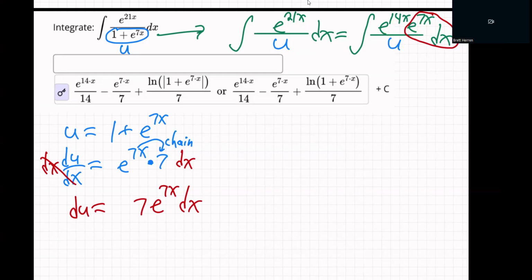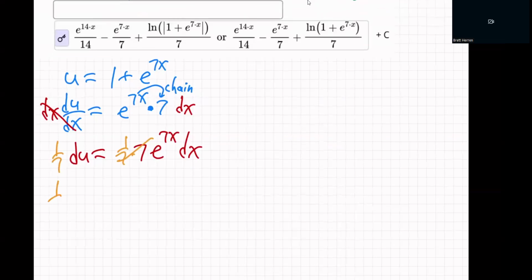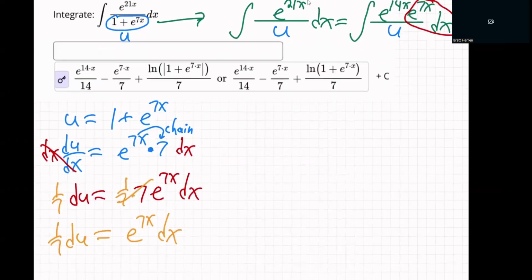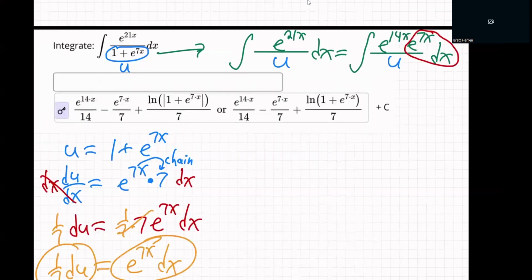So I think, oh, okay. So then if I come back over here and I multiply by 1/7 on both sides here, boom, that cancels out. I get 1/7 du is e to the 7x dx. So that means wherever we see e to the 7x dx, we can replace with 1/7 du.